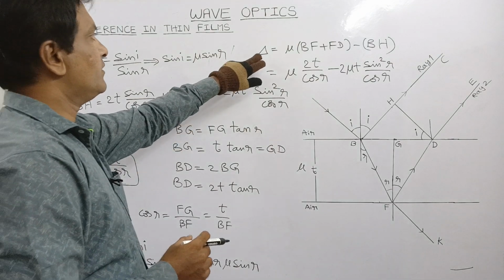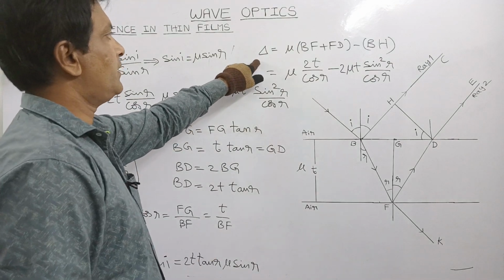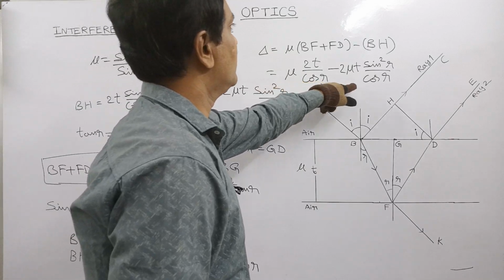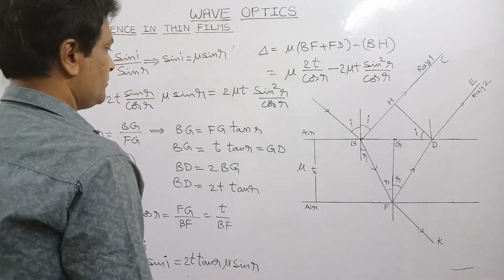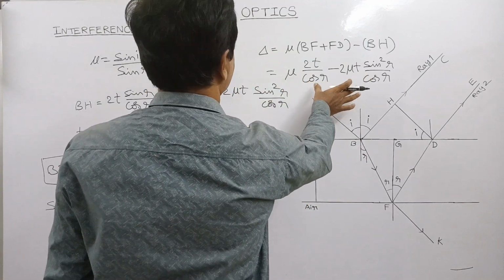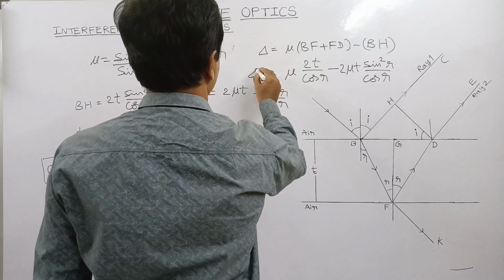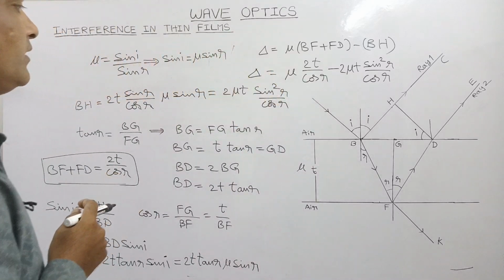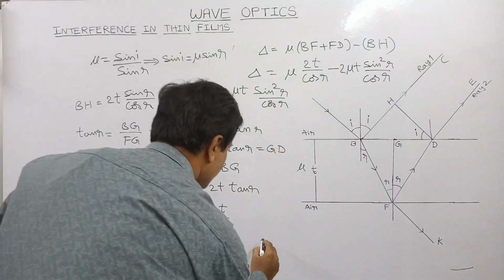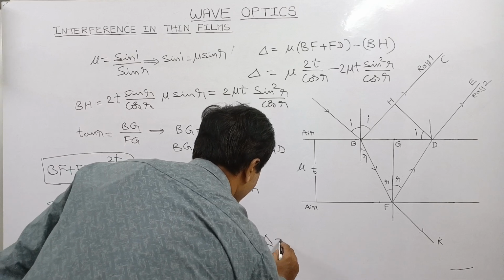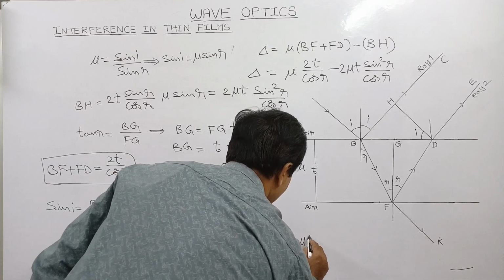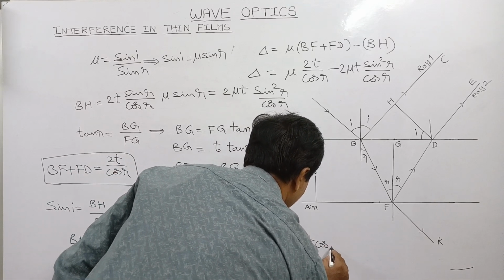So finally we have got the optical path difference in this form. If you simplify this equation, we finally get the optical path difference as 2 mu t cos r.